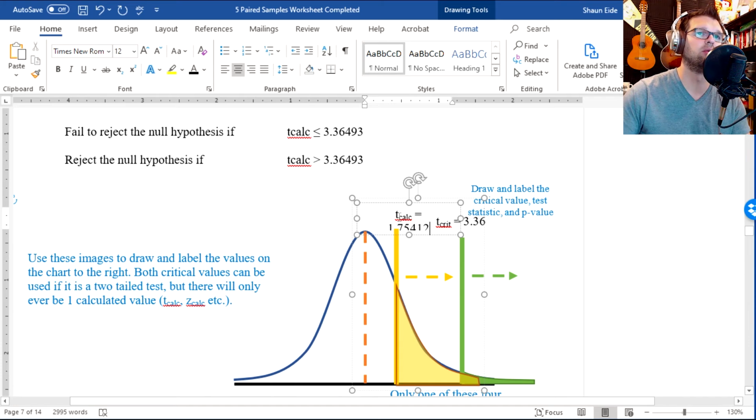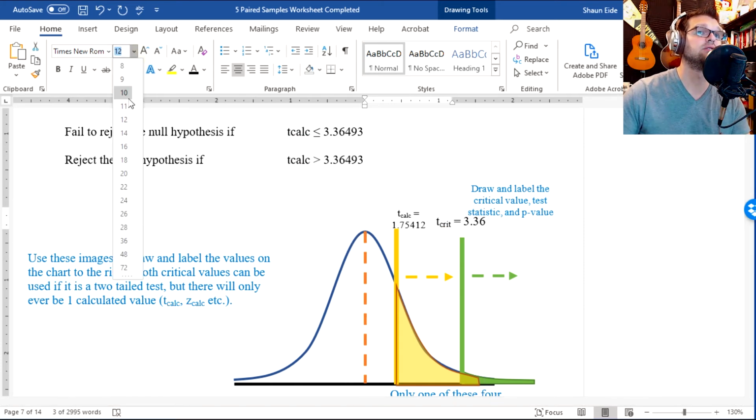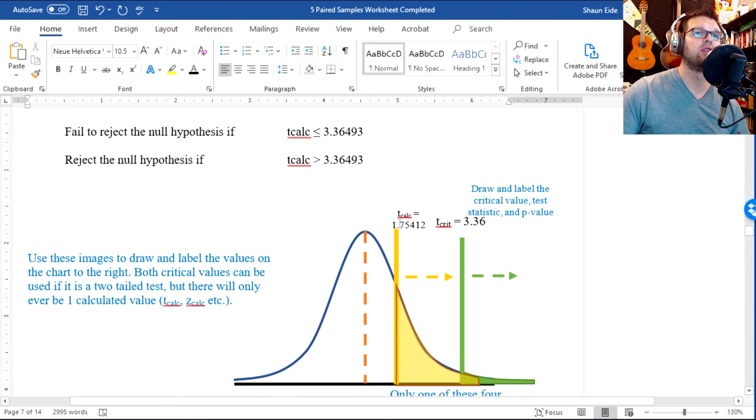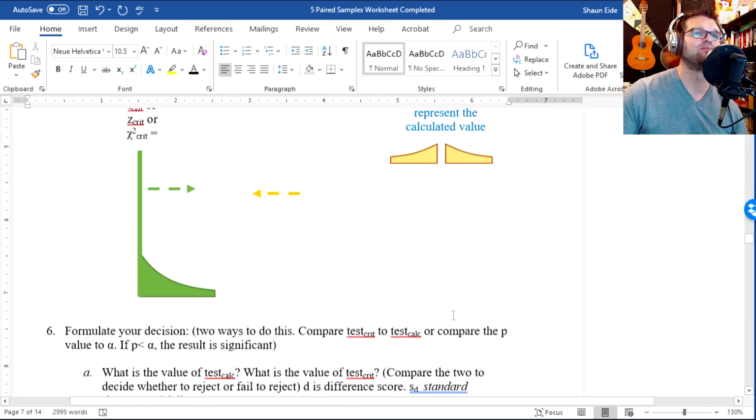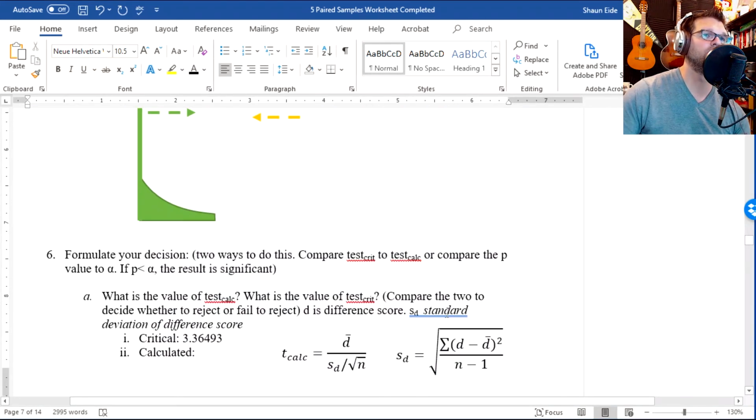And let's make this a little bit smaller so you guys can actually read that. So that is t-calc, and then you've got t-crit. So t-calc is not more extreme than t-crit. They're both drawn here, and it shows, yes, it is above a little bit, but it's not as far as what it needs to be. It's not beyond that t-crit. And so now we're going to formulate our decision by comparing the two of them.